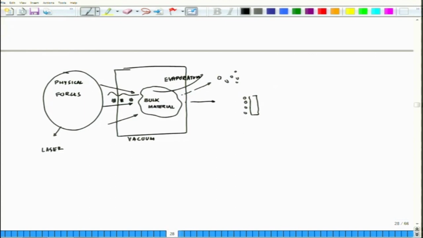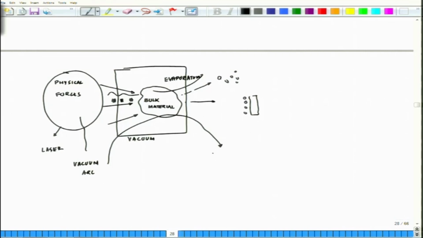Okay. Then we talk about the vacuum arc or vacuum based PVD process, in which the arc is used to vaporize the material. So, you are using a physical force, a vacuum arc, which is again a very high energy process, and using the vacuum arc you are ablating the material, in which the arc is used to vaporize the material for the synthesis of metallic, ceramic and composite nanomaterials and films.